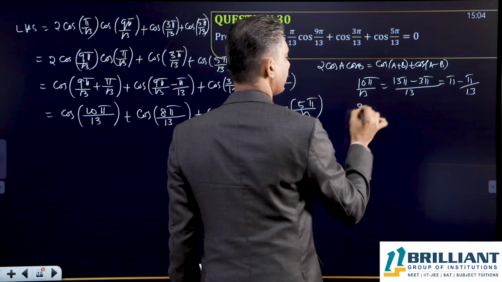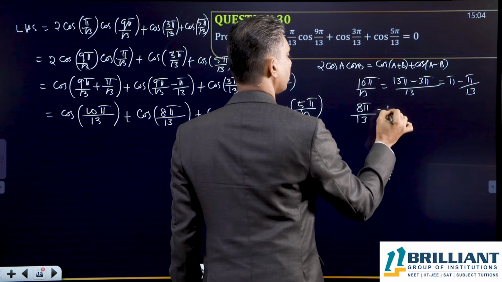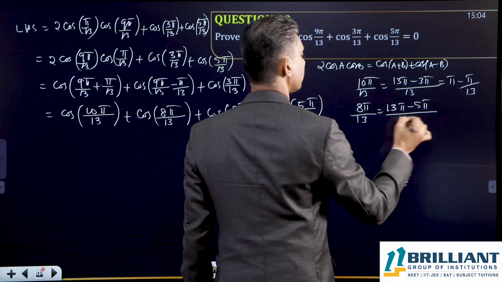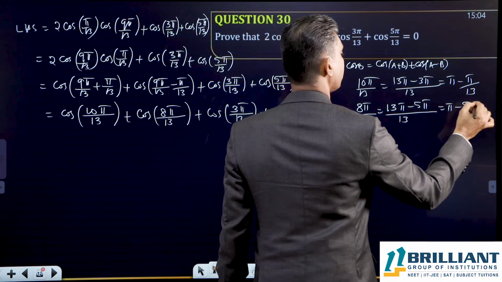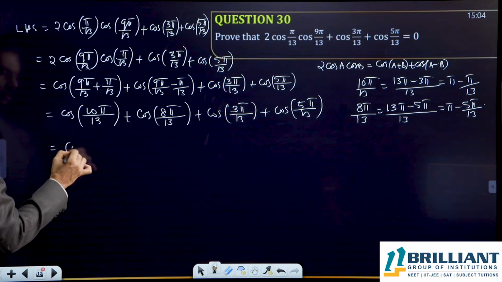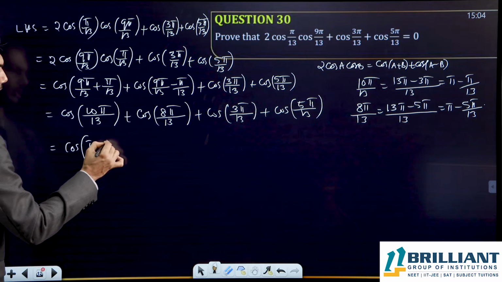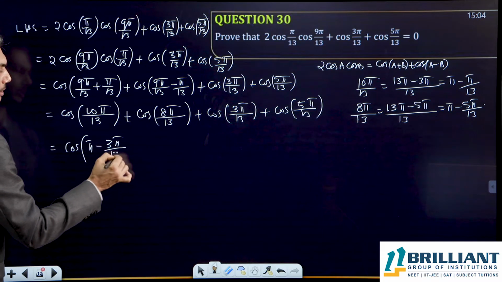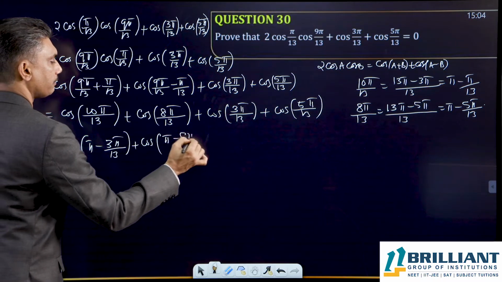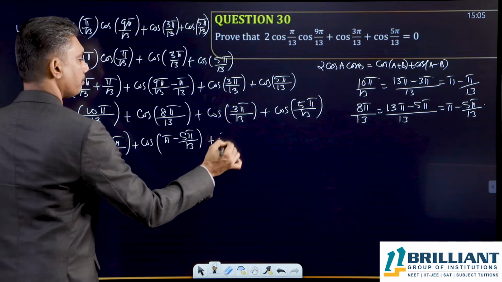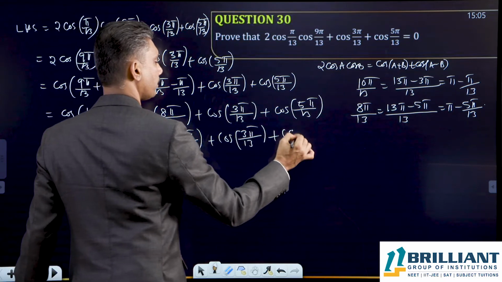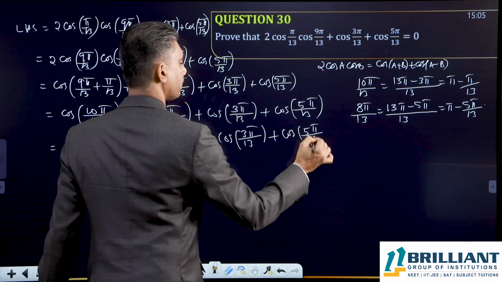Again, 8 pi by 13 you can write as 13 pi minus 5 pi by 13, that is pi minus 5 pi by 13. So, you can rewrite this as cos pi minus 3 pi by 13 plus cos pi minus 5 pi by 13 plus cos 3 pi by 13 plus cos 5 pi by 13.